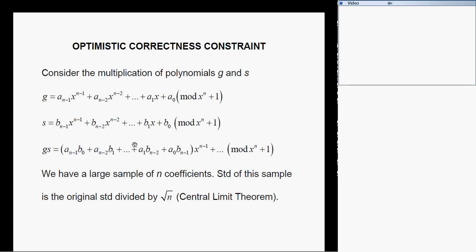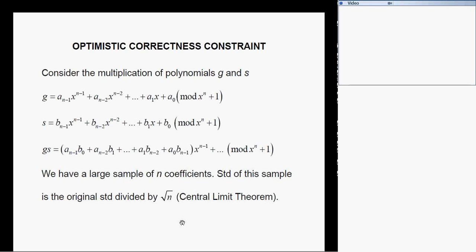This allows us to use the standard deviation of the sample and to reduce the bound that we have for this. And using the central limit theorem, we can reduce that n that we had to the square root of n. Basically, we can divide it by the square root of n, because the standard deviation of the sample average is equal to the standard deviation of each component of the same distribution divided by the square root of the number of terms. That's what we're using in this case.